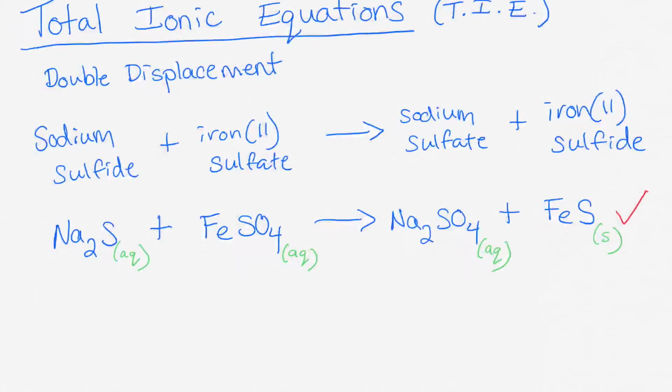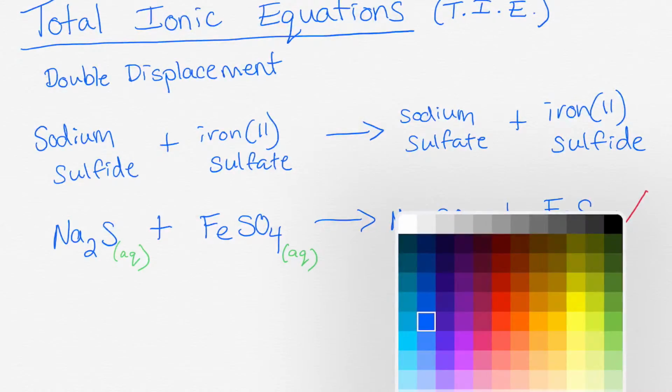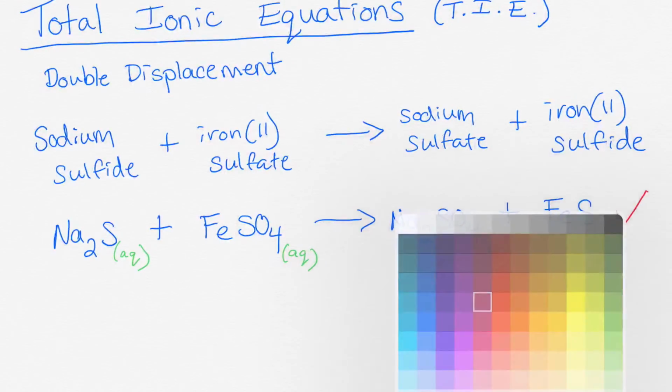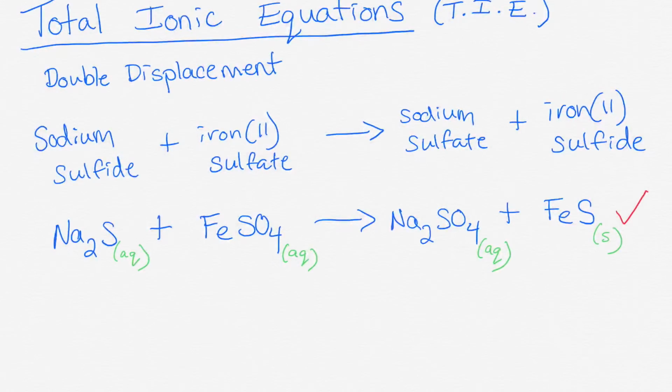Okay, so what I want to do is I want to take apart my ionic compounds because I want to write them as they are actually going to appear in water. So I'm going to start with my sodium sulfide. So really this is 2 sodium ions that are aqueous and a sulfide ion that is aqueous.